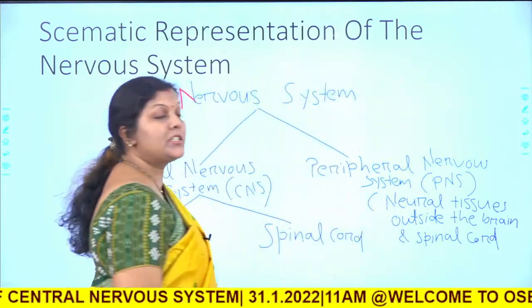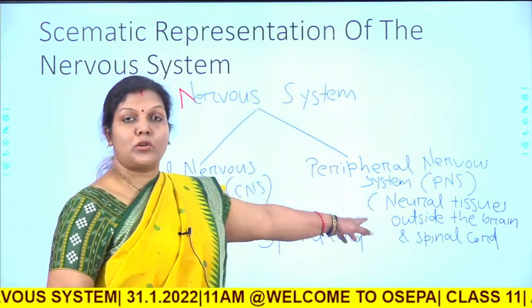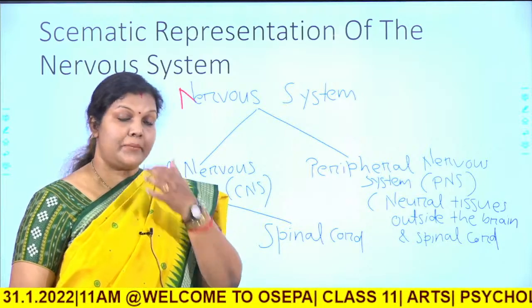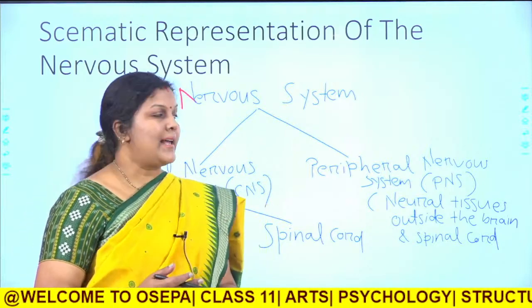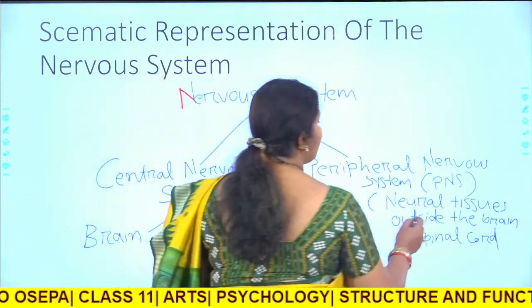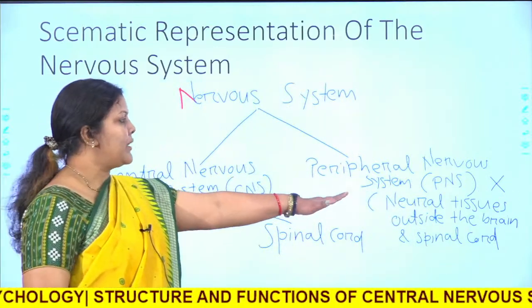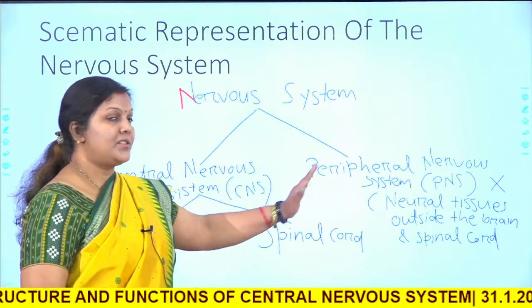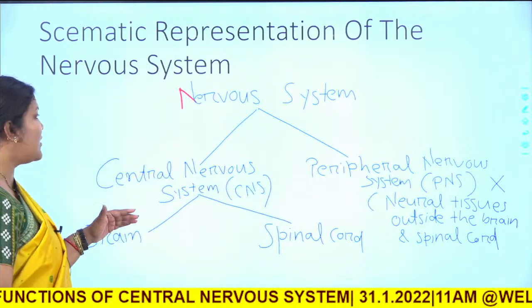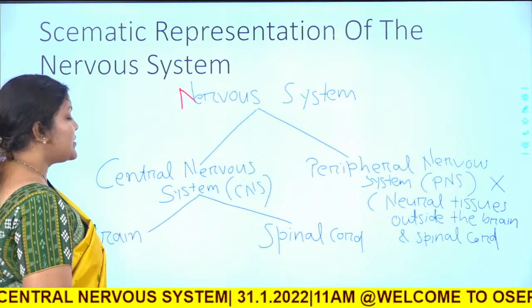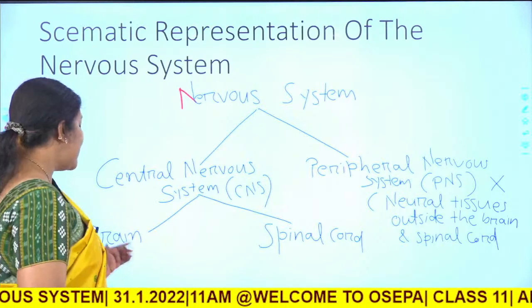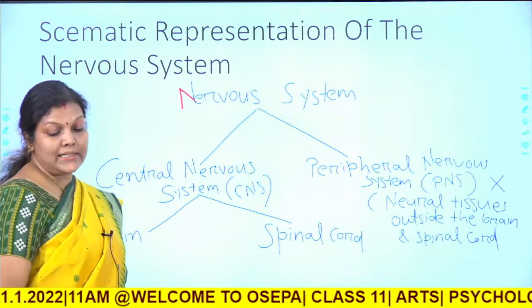As per the syllabus, previously this PNS was also included, but in the present syllabus this peripheral nervous system portion is cut. So, we will not look into it. We have to focus only on the central nervous system, which is divided into two segments: one is brain, another one is spinal cord.